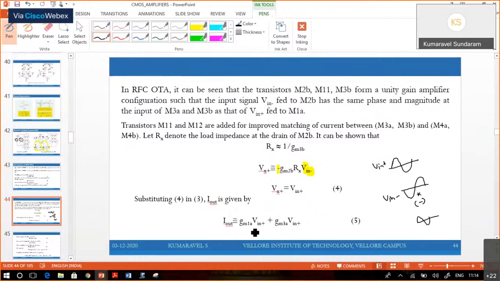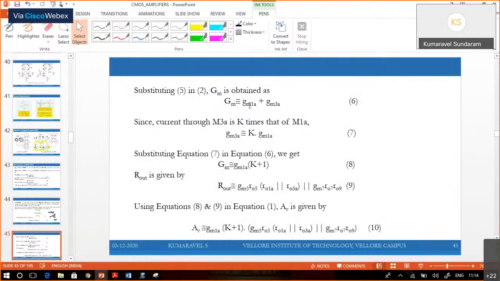Based on that, GM equals GM1A plus GM2A, so GM equals GM1A times (K plus 1). If you take K equal to 3, it is 4 times GM1A.